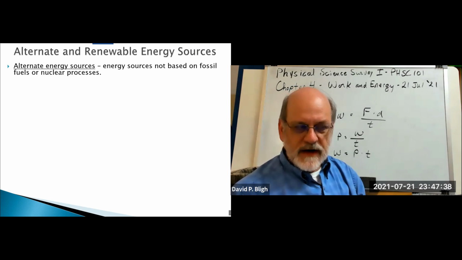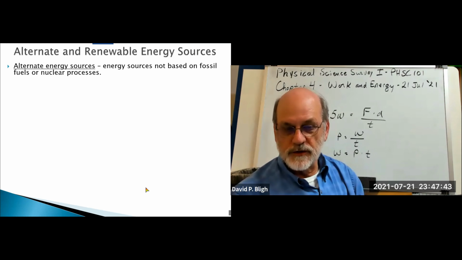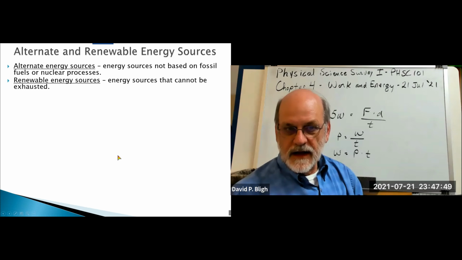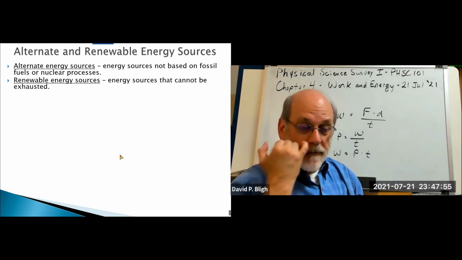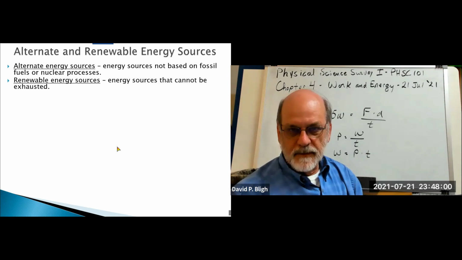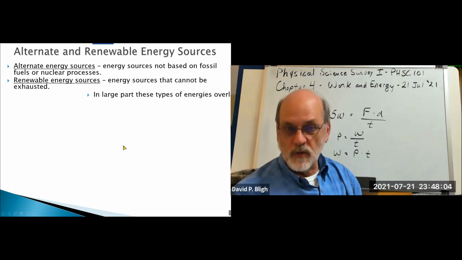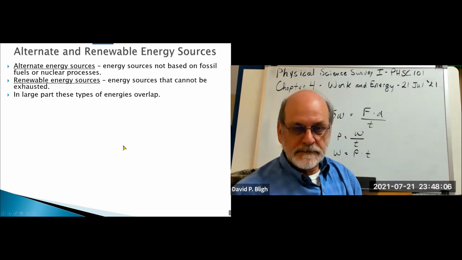What they mean by alternate energy sources are those energy sources that are not fossil fuels or nuclear. So anything that's not fossil or nuclear is considered alternate. And many of those overlap with what we call renewable energy sources, those that cannot be exhausted, such as solar energy or biomass or various other types, geothermal. We'll talk about those as we go along.